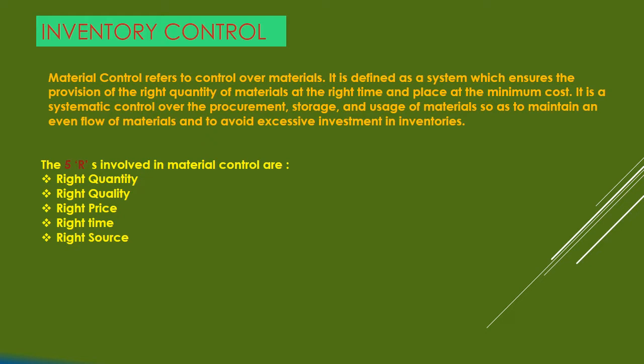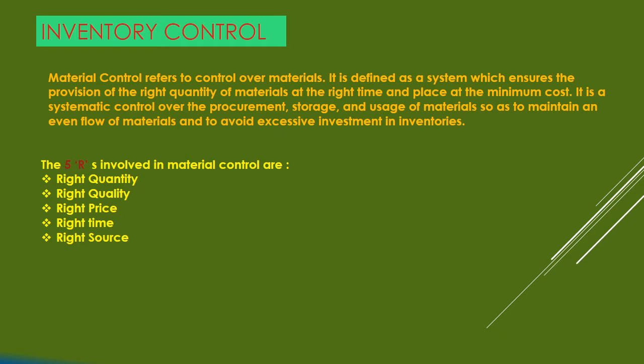Here the need of 5 R's is involved. That is the right quantity, right quality, right price, right time and right source. Right quantity of material should be of the right quality, right price at the right time and from the right source.